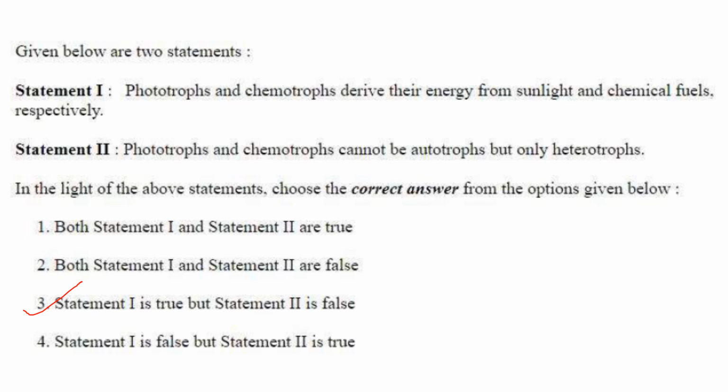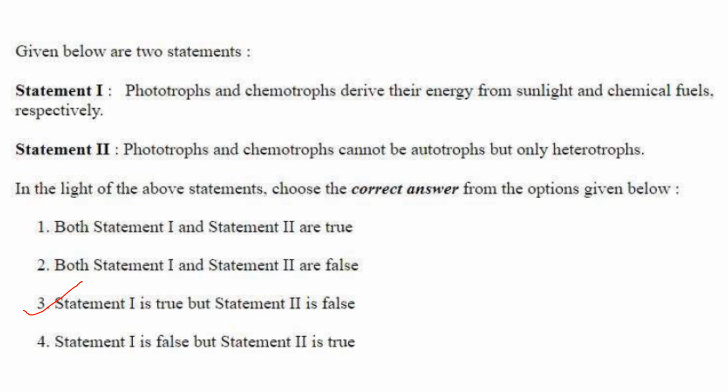There are two types, that is autotrophic phototrophs and heterotrophic phototrophs. So autotrophic phototrophs, they use light energy and fix carbon dioxide into organic compounds, that is plants and cyanobacteria. Whereas heterotrophic phototrophs, they also use light energy but obtain carbon from other organic sources, that is purple bacteria.